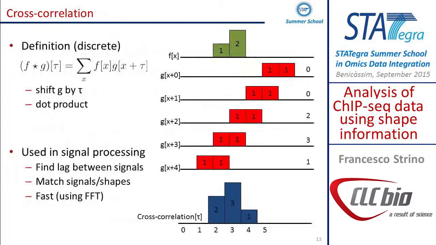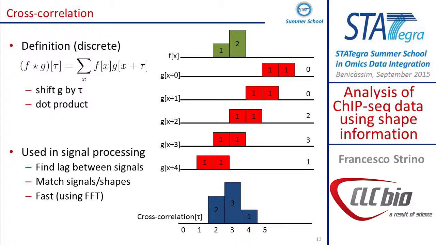I'll show an example of how it works. I'll put the formula in case somebody is interested, but the main idea is that you can write it with a star: a cross-correlation between F and G. F will be the forward mapping reads, G will be the reverse mapping reads, and this is a function of tau, where tau is the shift.